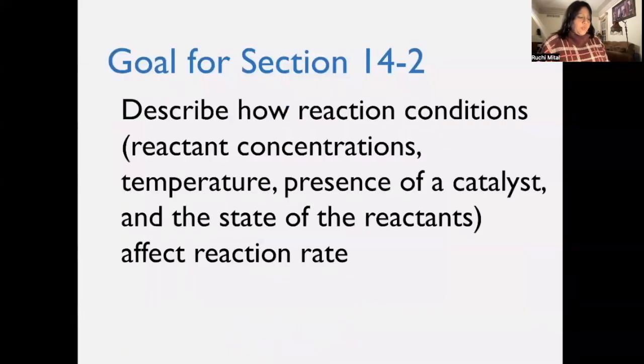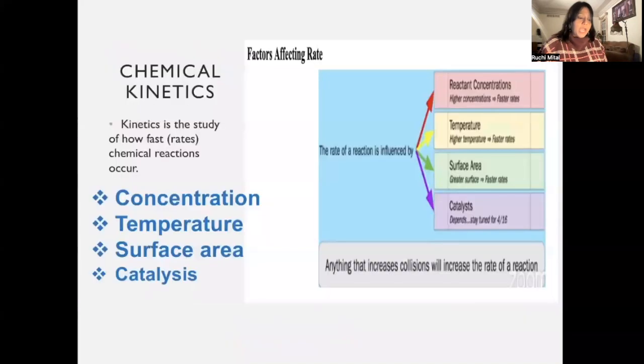Now, in this section, we are going to learn how to describe how reaction conditions like concentration, temperature, and presence of a catalyst affect the rate of reaction. We all know the rate of reaction can be affected by these, but why do these factors affect the rate of reactions?